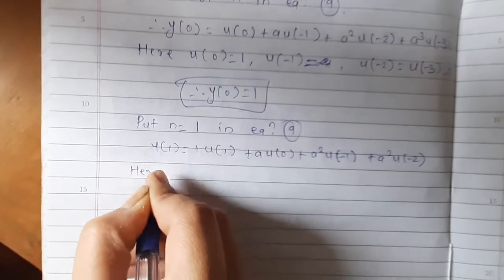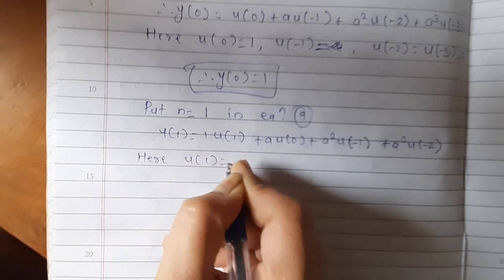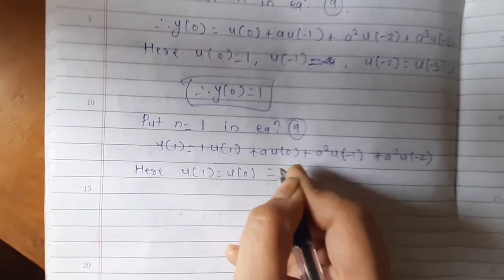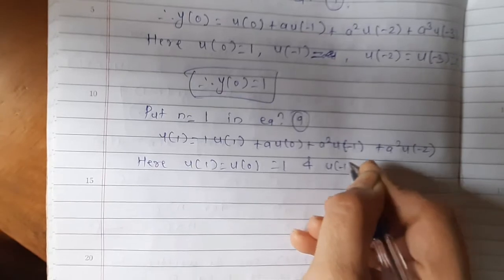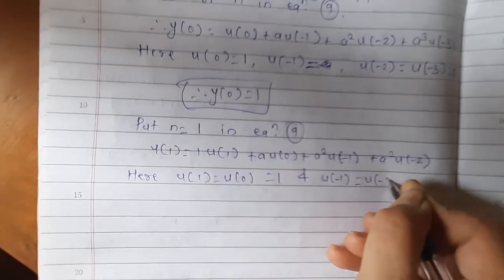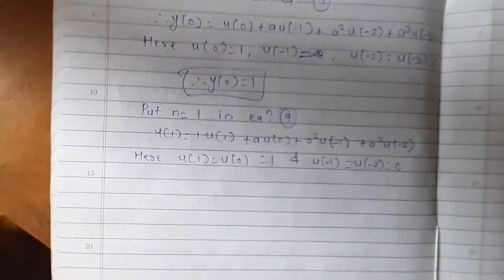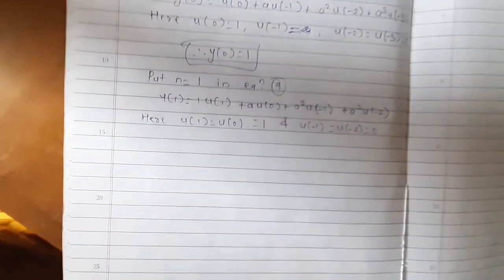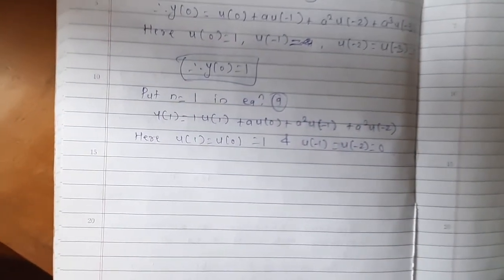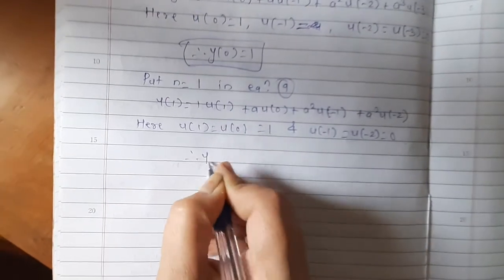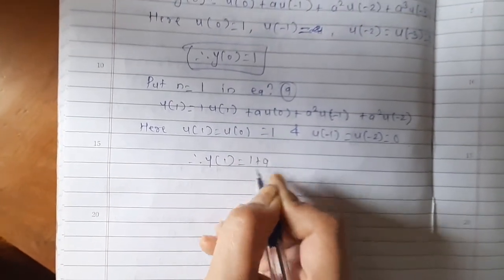So here u of 1 is equal to u of 0 is equal to 1, and u of minus 1 is equal to 0. So y of 1 is equal to 1 plus a.